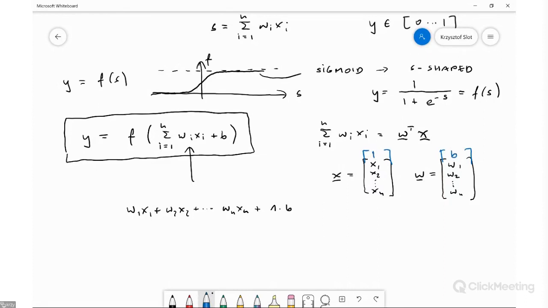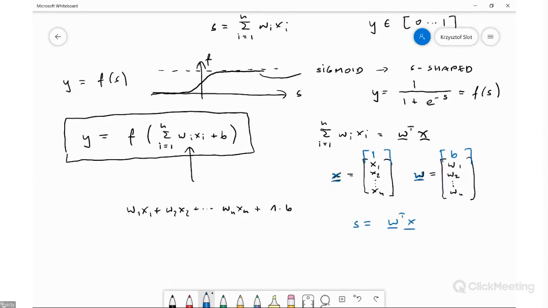Then the activation, the state of a neuron, is just a dot product of this extended W vector and extended x vector.